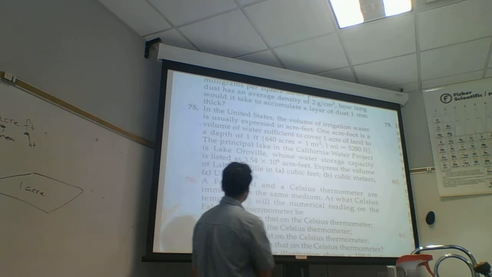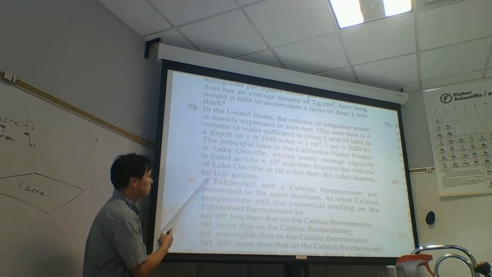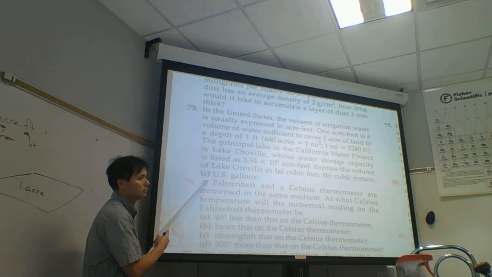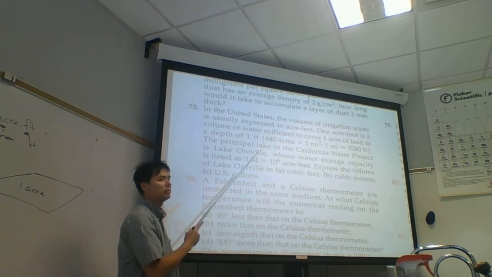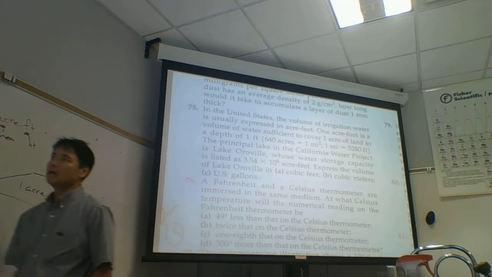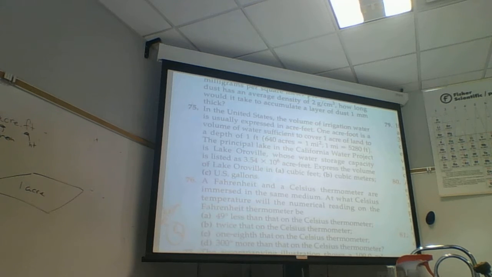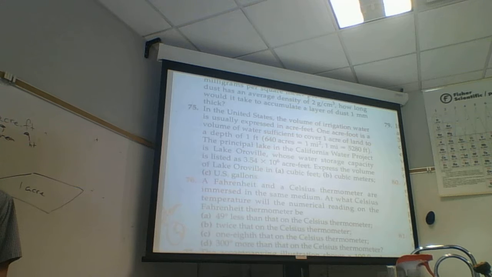And then, how would we get to gallons? To get to gallons, I'd probably go from cubic feet to cubic inches, from cubic inches to cubic centimeters to milliliters to liters to gallons, and then we'd be there.